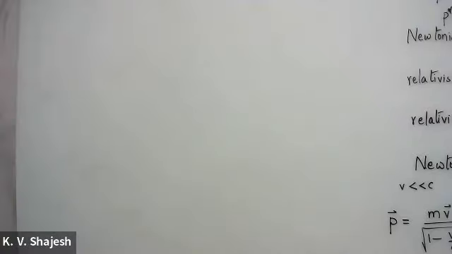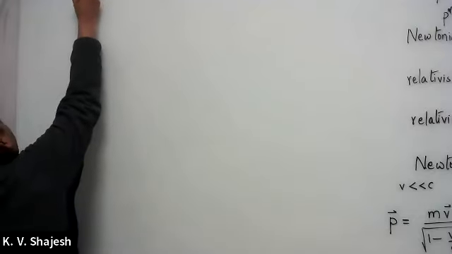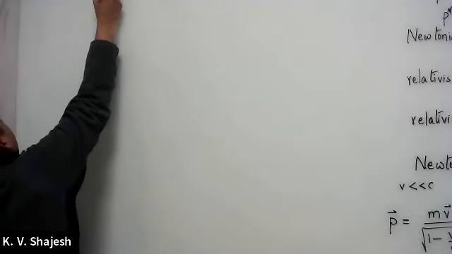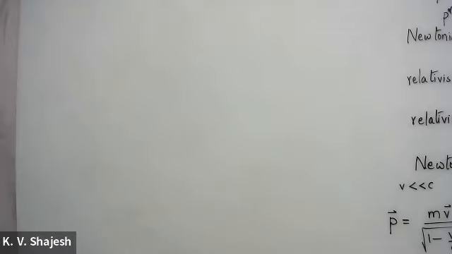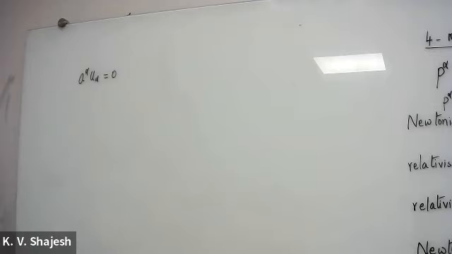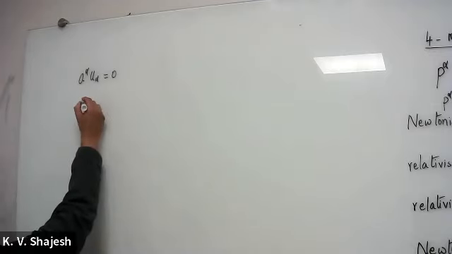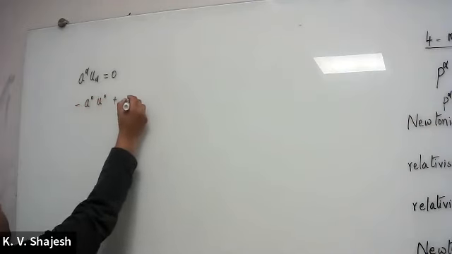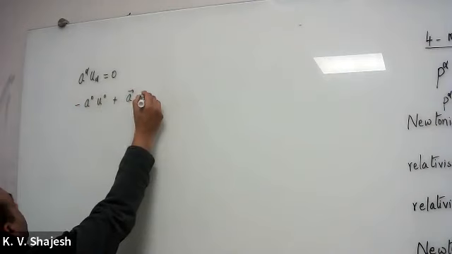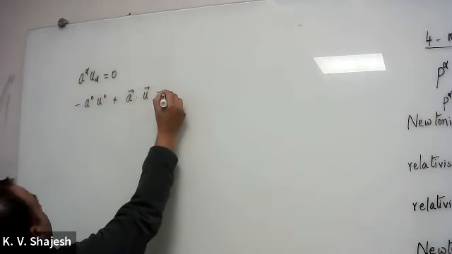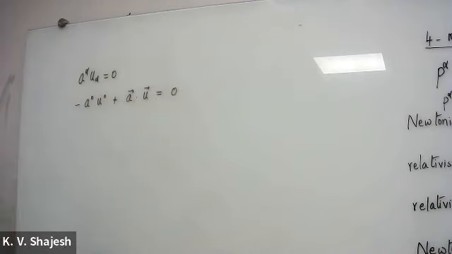We were talking about trying to get the derivative of gamma with respect to time. Let's do that. So this is alpha. Alpha is equal to 0. And that's the same as minus A0 U0 plus vector A dotted with vector U is equal to 0. Your vector A is this.